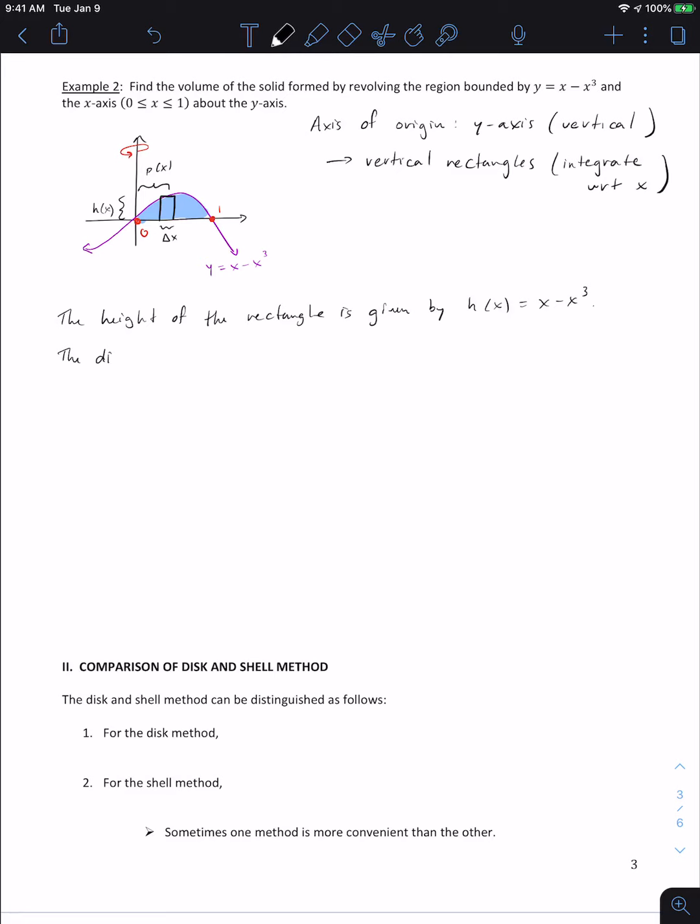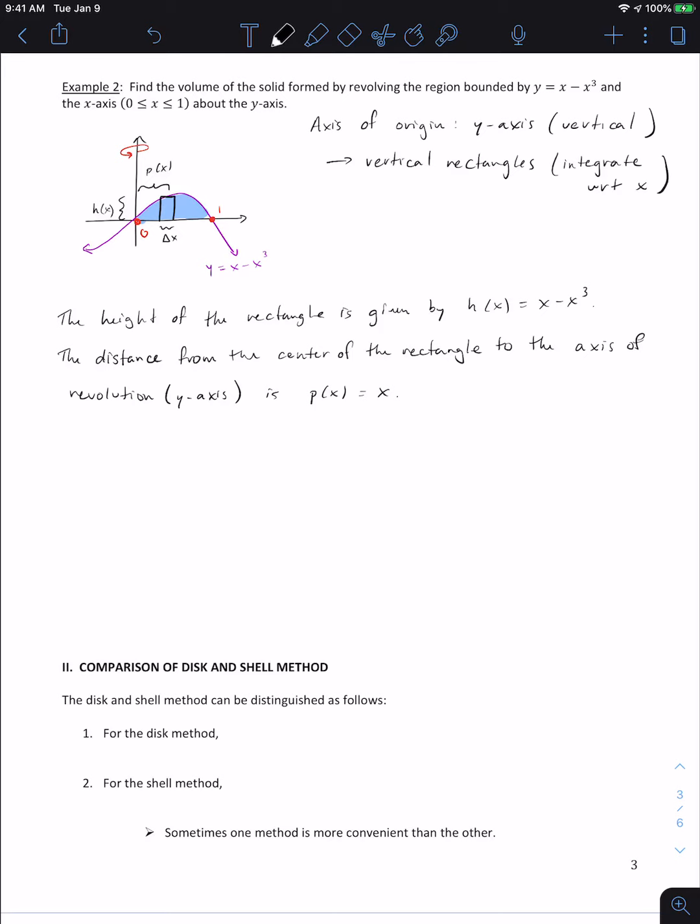So the distance from the center of the rectangle to the axis of revolution, which in this case is the y-axis, is p of x equals just x.